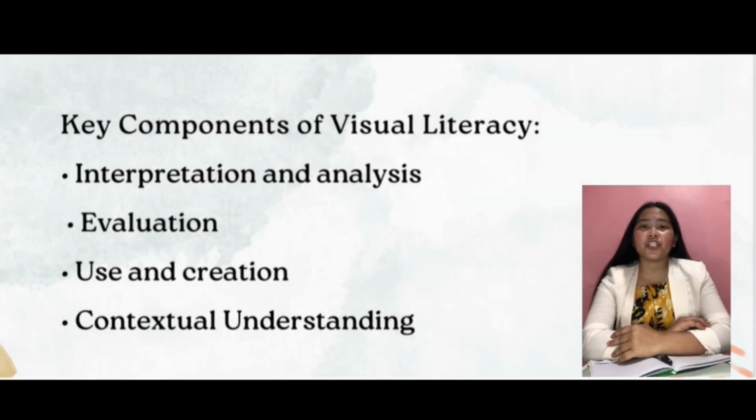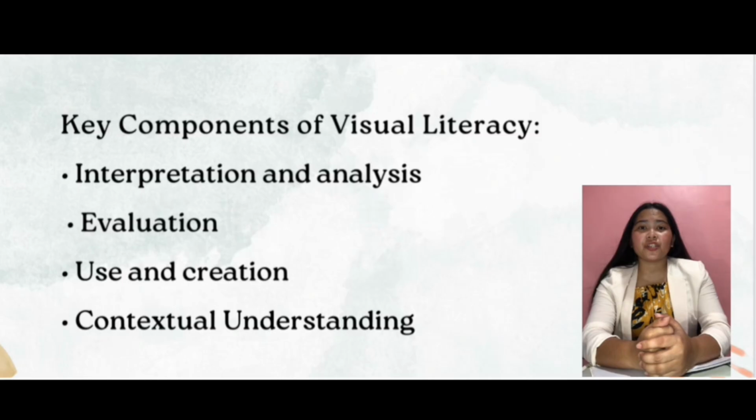First, interpretation and analysis. Understanding the message or intention behind an image or artwork, analyzing its elements and structure, and recognizing its context and potential biases. Second, evaluation. Assessing the reliability and credibility of visual materials and their sources.